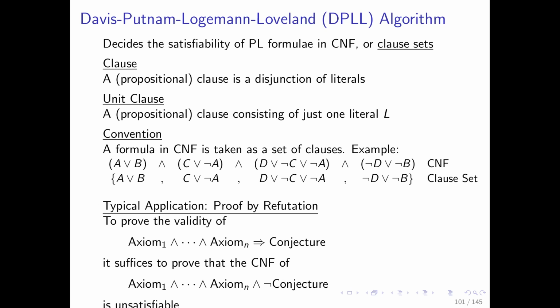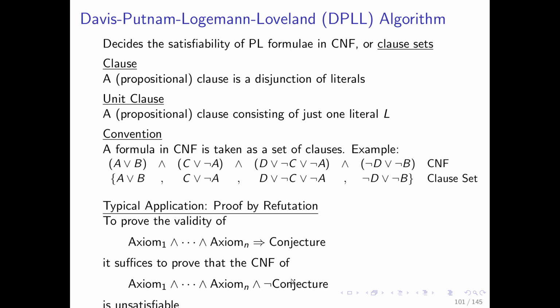And why is that? Well, if we want to know whether this formula is valid, then one way that we can do it is to say that the conjunction of this guy plus the negation of this guy is unsatisfiable. So what we'll do is we'll convert this into a clause set and see whether there is a satisfying assignment.